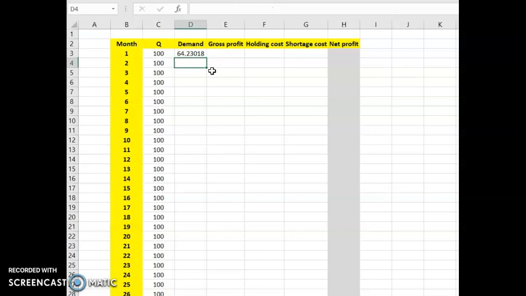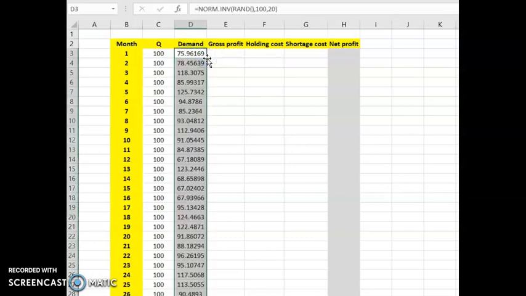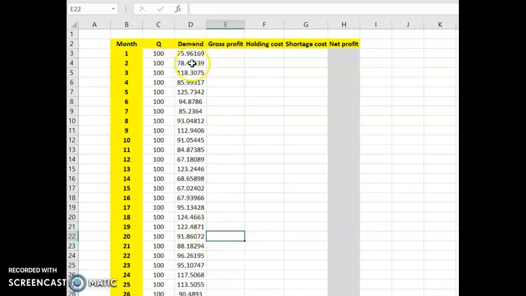So now we have a random number. No need to freeze the numbers, and just populate it like this. So it is the demand in each month that now we have calculated, generated.